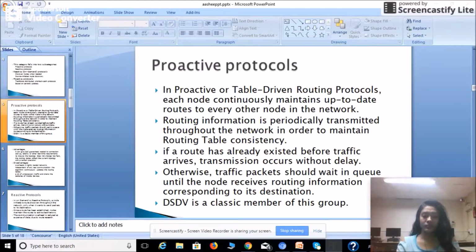Otherwise, the traffic packets have to wait in a queue until the node receives routing information corresponding to its destination. DSDV, or Destination Sequenced Distance Vector, is a classic example of this proactive protocol.